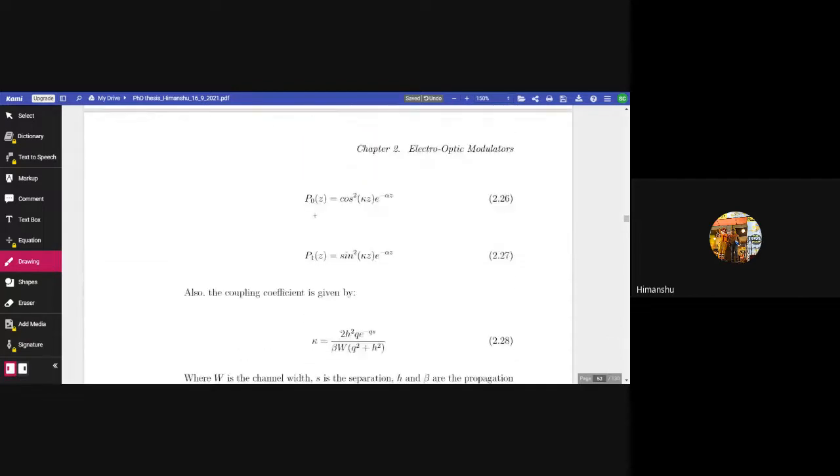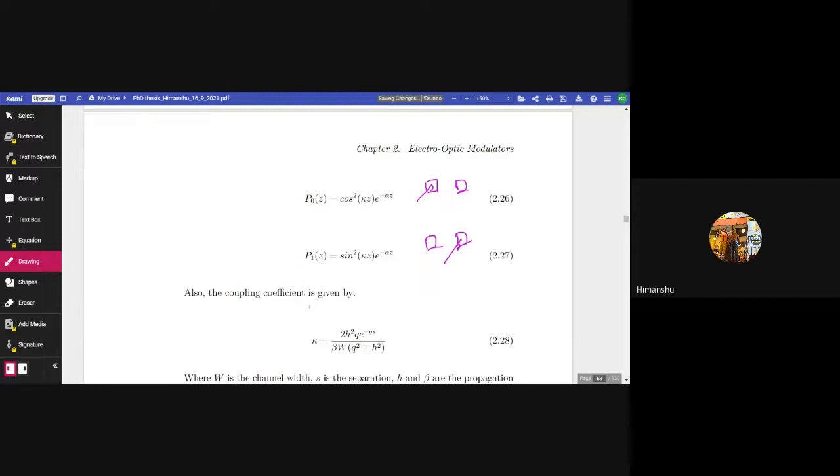Thus, the power flow in the waveguides is given by P0(z) equals cos square(kz) e to the power minus alpha z, and P1(z) equals sin square(kz) e to the power minus alpha z.